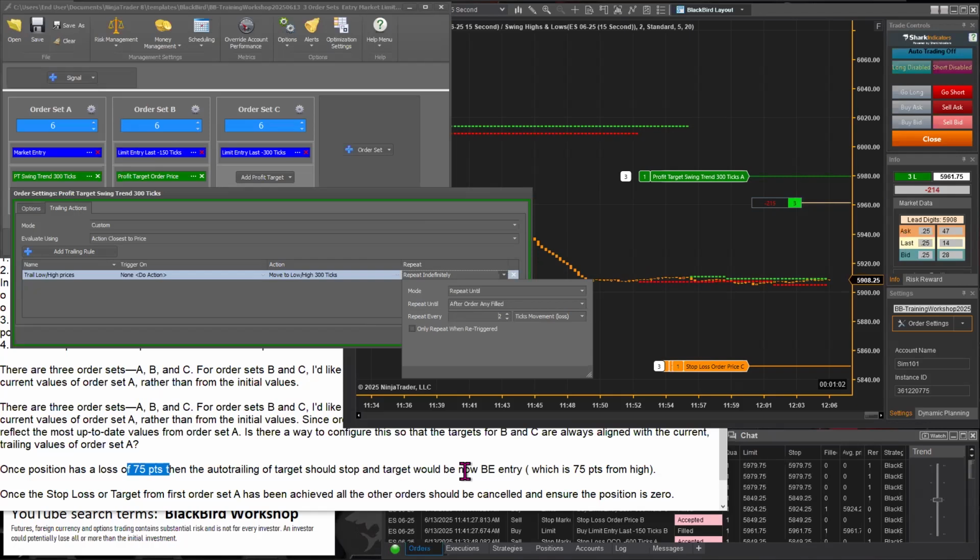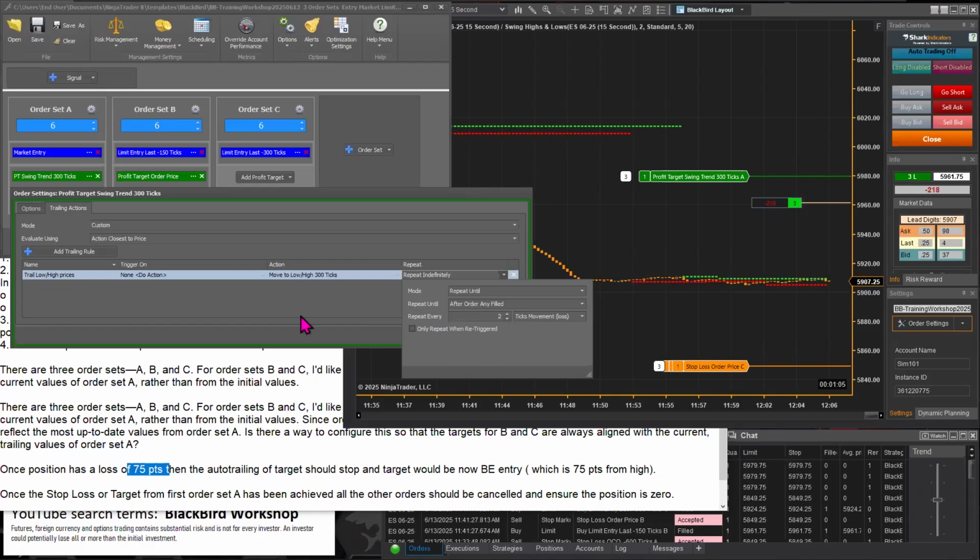Yeah, so this actually is not the break even; it's the entry price for A. So 2 ticks, maybe 3 ticks there. I think most of the time that'll probably give you a break even +1 or break even +2. If you want to do that, try that out.